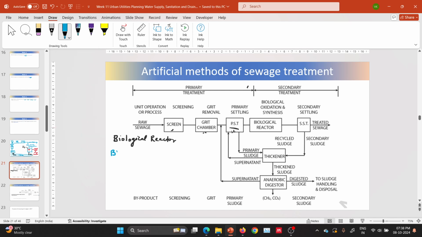The biodegradable organic matter is getting converted to biomass. So this is in dissolved form, and this biomass is in suspended form.